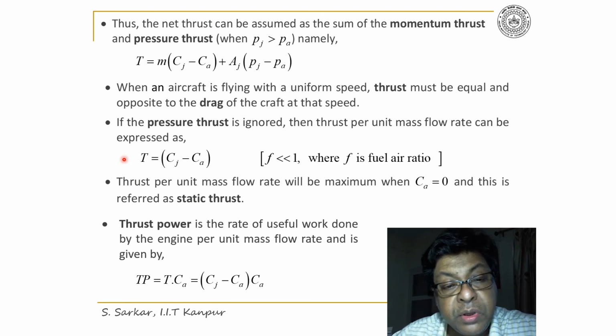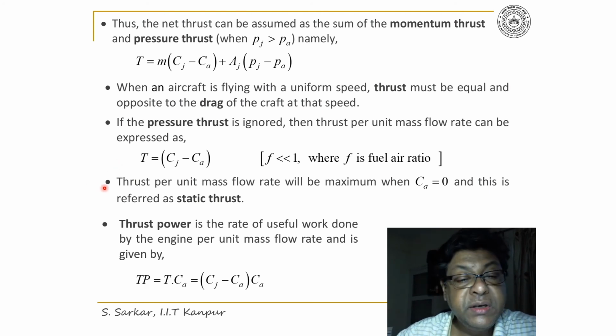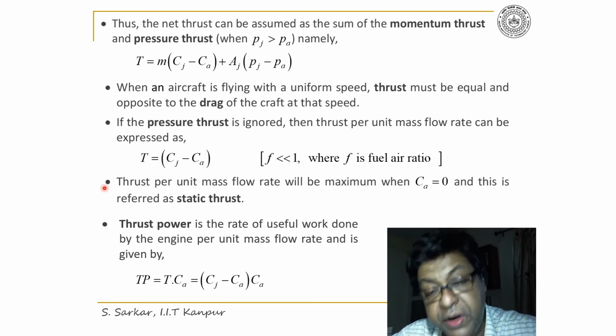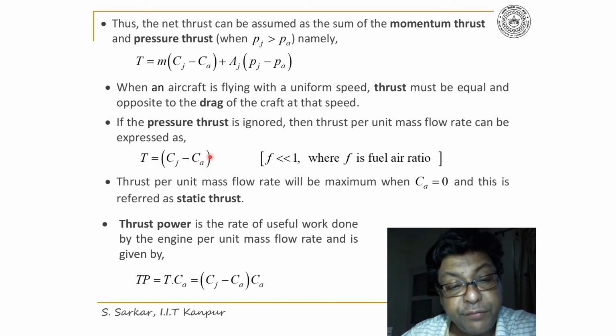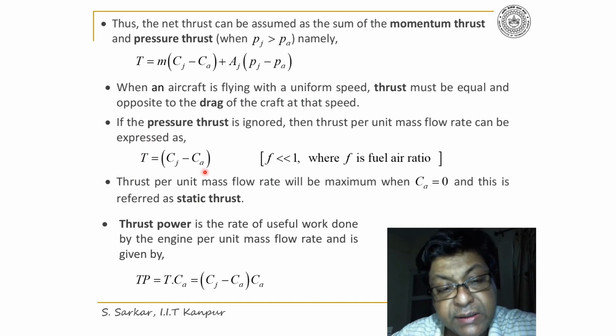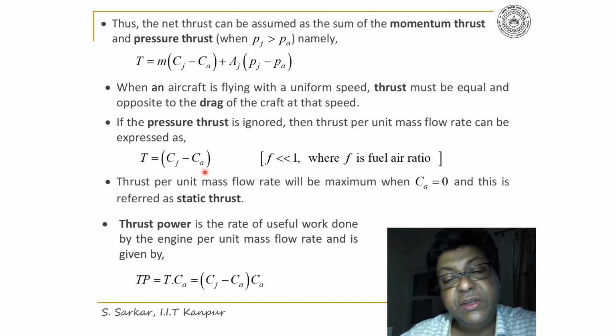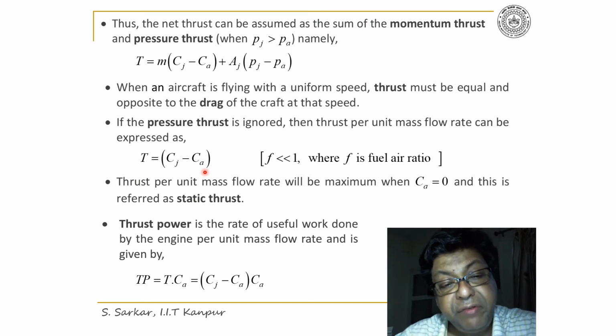Now, the thrust per unit mass flow rate will be maximum when Ca is equal to 0. From this expression, we can understand this. And this maximum thrust when Ca is equal to 0 is referred to as the static thrust.